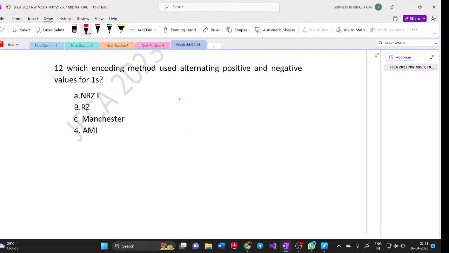The last technique was bipolar. But bipolar is not in your options. So the alternative name of bipolar is AMI. What is the full form of AMI?